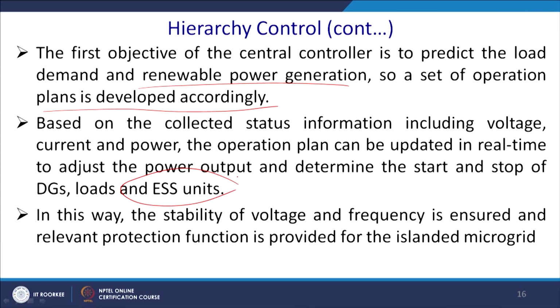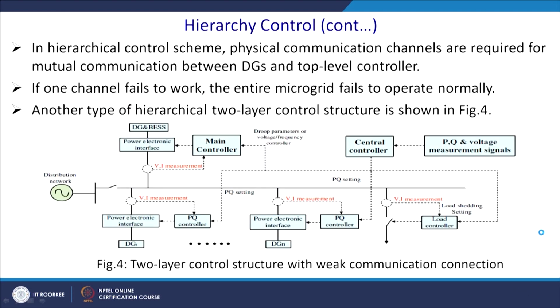In this way, the stability of the voltage and the frequency, and in case of the DC microgrid, the voltage, is ensured and relevant protection is provided for the islanding mode. So, let us see this figure 4.